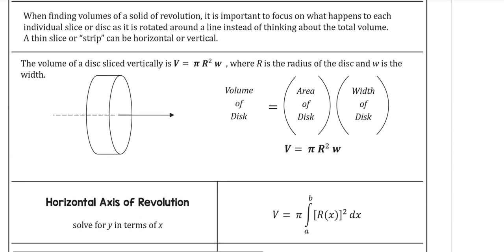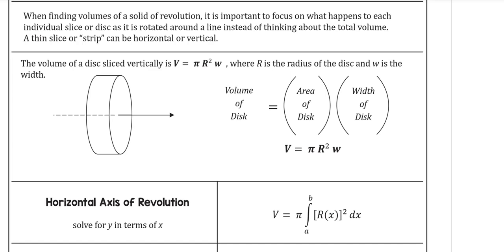Okay, so this, as I said, is called the disk method. When you find volumes of a solid of revolution, it is important to focus on what happens to each individual slice or disk as it's rotated around the line, instead of thinking about the total volume. What we're looking at is one little disk here. It's sliced vertically. The volume is pi r squared w, or h, depending on what nomenclature you're used to.